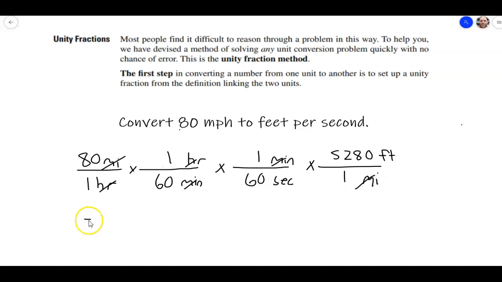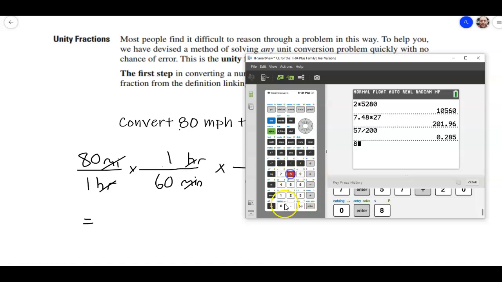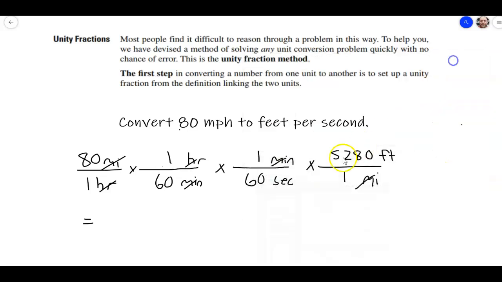So we're going to multiply across the top first. So this is going to be 80 times 5,280. So that's going to be 422,400. And this is feet all over 60 times 60 seconds.